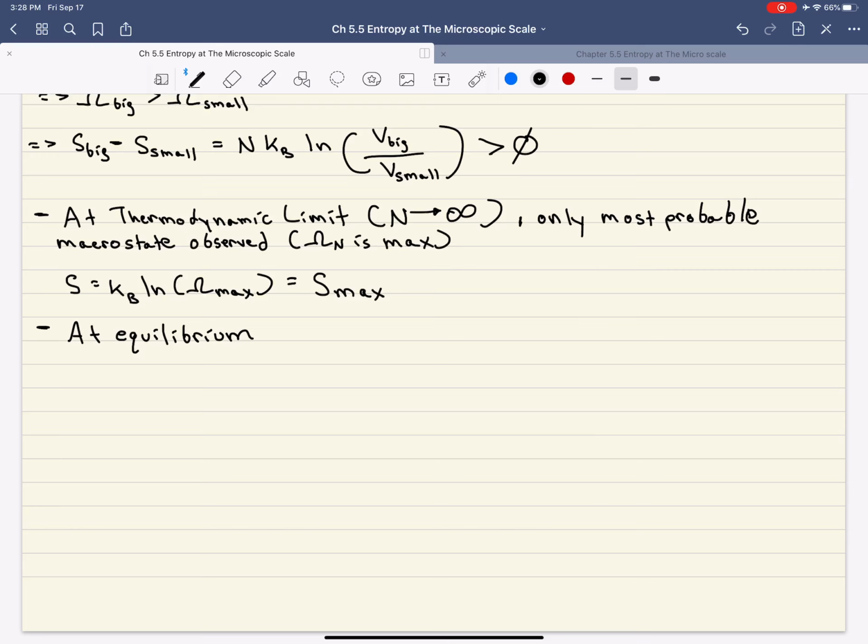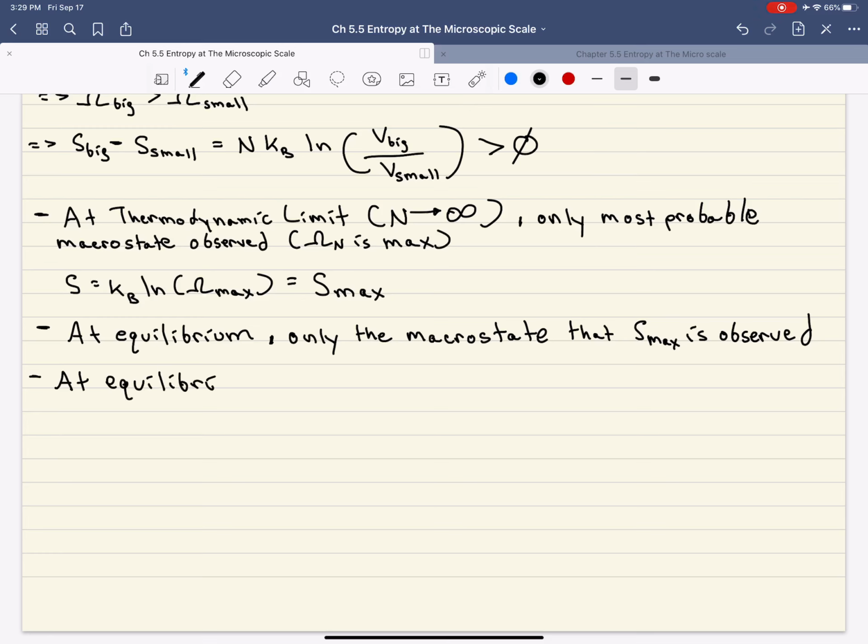One definition of equilibrium would be that you're at equilibrium if you observe the macrostate where S max is observed. Or, a more direct way of saying this is: at equilibrium, entropy is maximized.